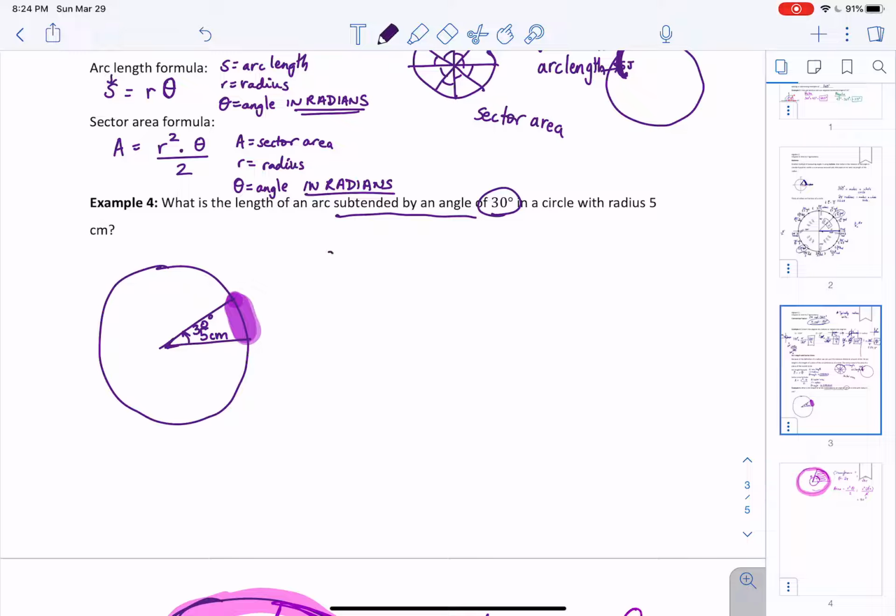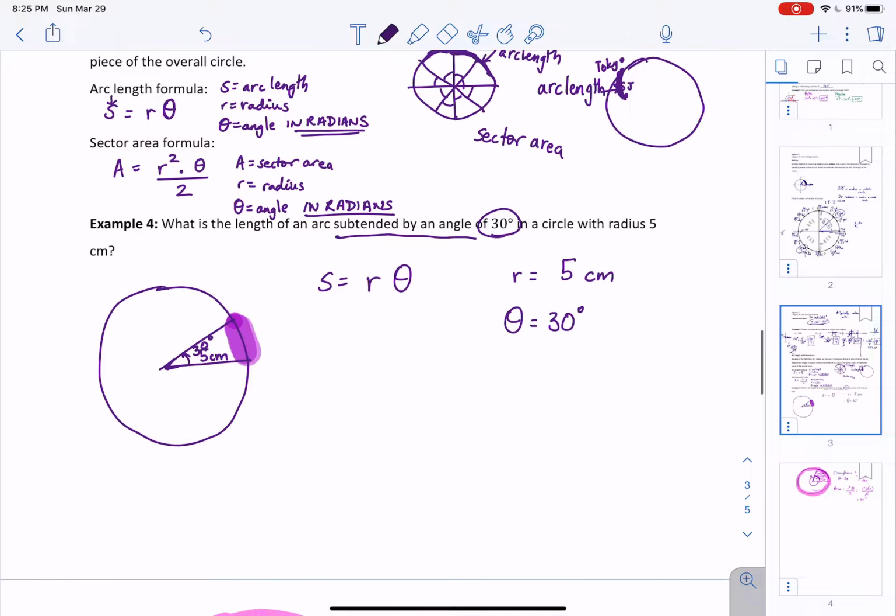So my arc length formula is r times theta. I know that r is 5 centimeters. And I know that theta is 30 degrees. But remember, it said that theta has to be in radians. So we have to take 30 degrees and convert it to radians. So I multiply it, putting degrees on the bottom, pi on the top. That way I get radians in the end. The degrees cancel, and I can reduce this fraction down. I'll get pi over 6.